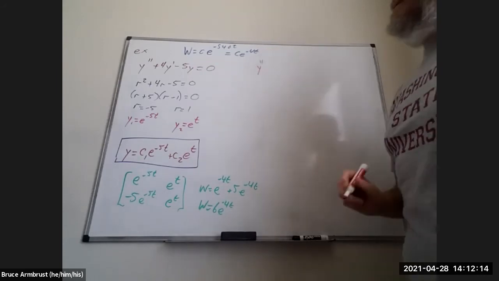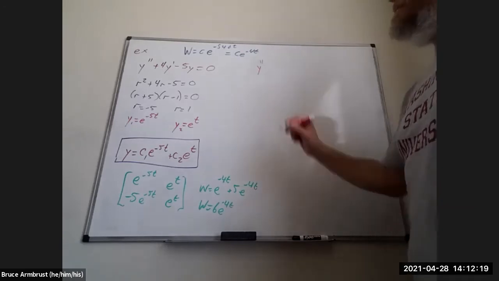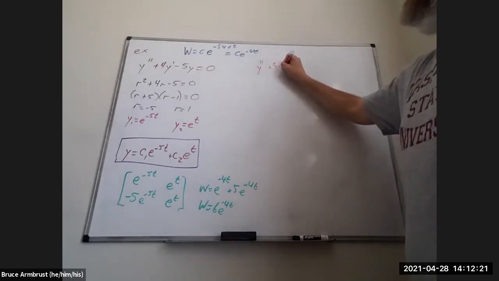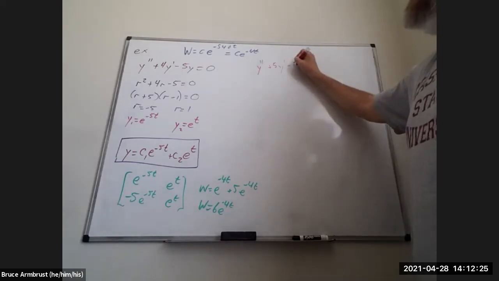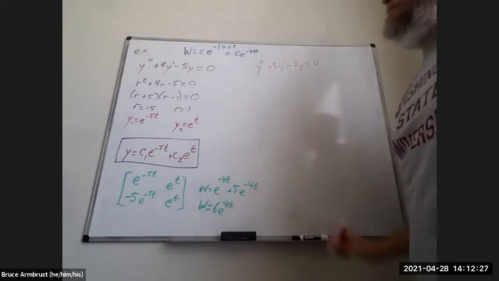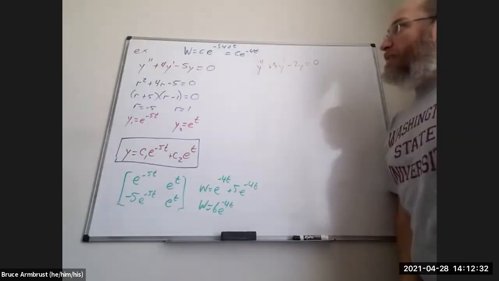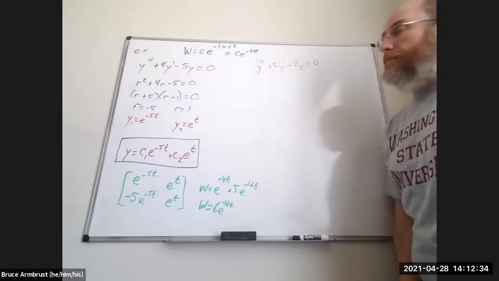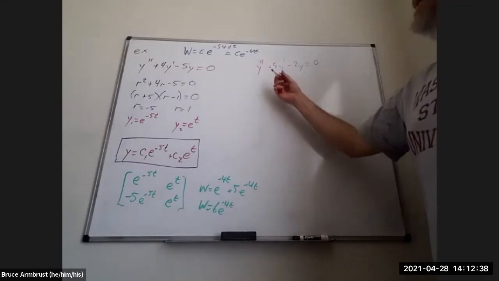So let's look at another one here. Let's say that we've got y double prime plus 5y prime minus 2y equals 0. So that one doesn't factor. So we make our polynomial.